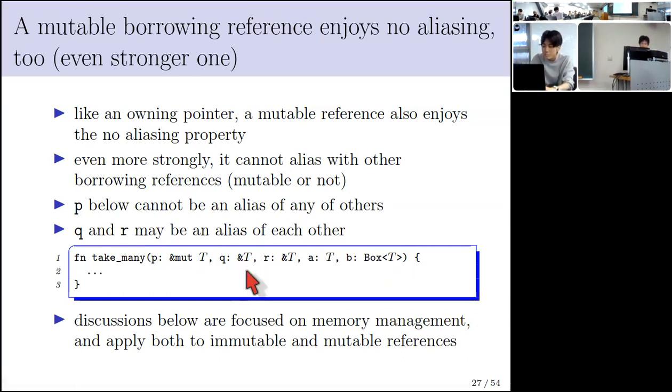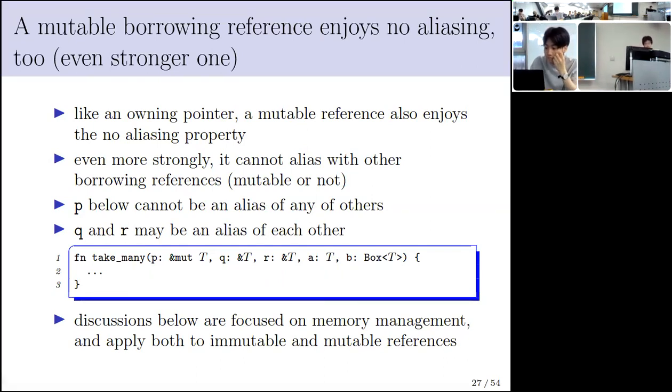No, it's not the only possible aliasing. Q, for example, may be an alias of A or B. These things can happen. But A and B cannot be an alias of each other. So the Rust compiler can safely assume something that compilers of other languages cannot.